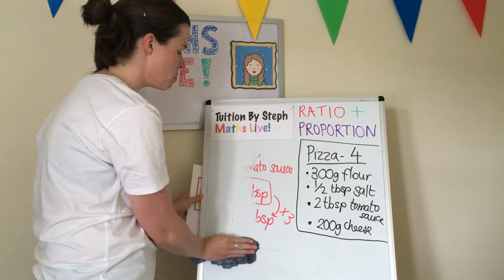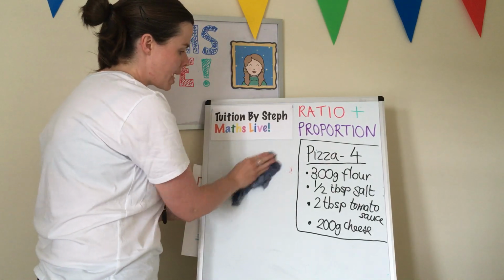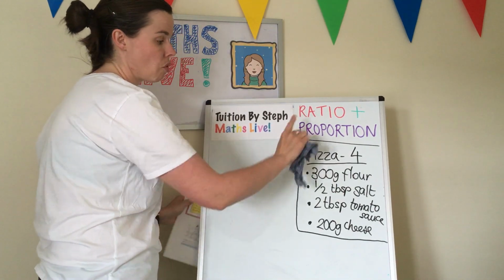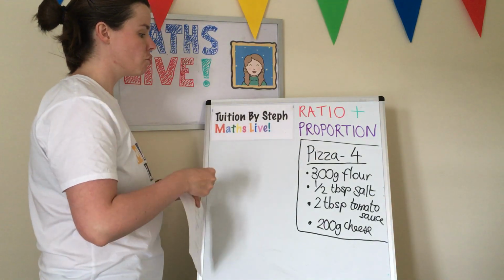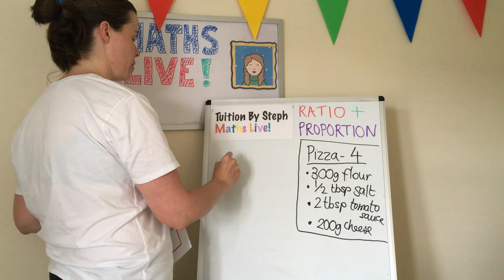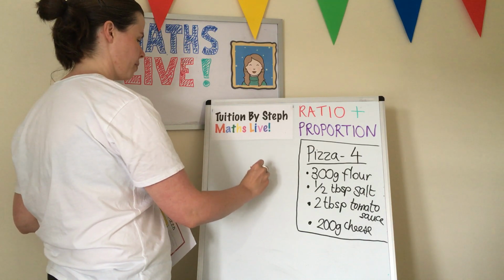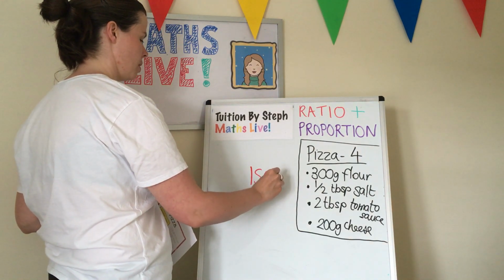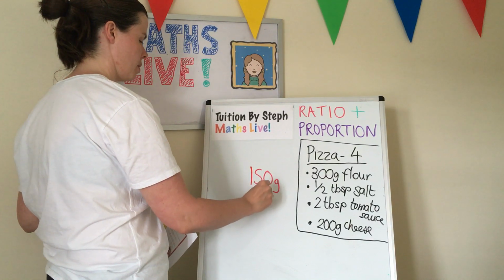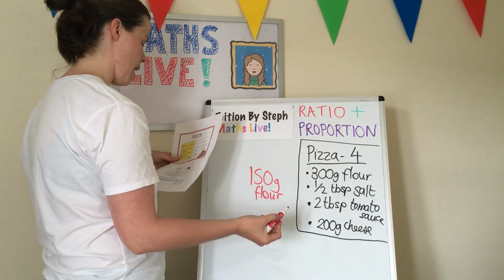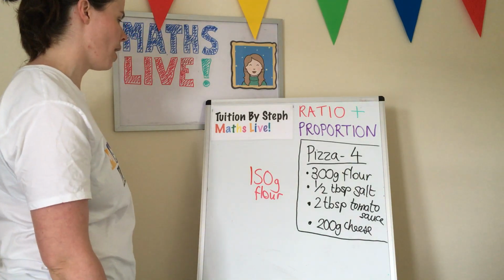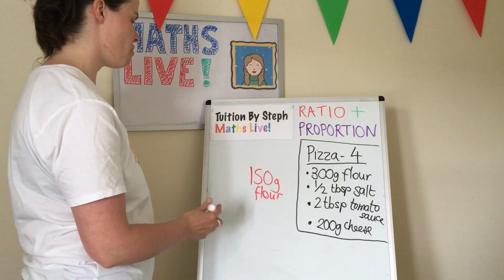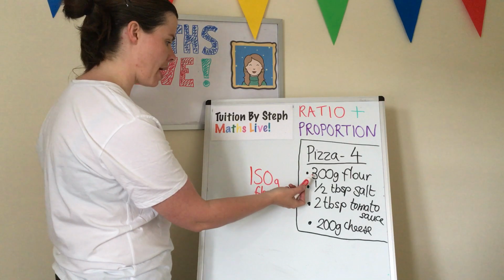See, all these problems can be made up and tested just from one piece of information. If 150 grams of flour is used, how much of the other ingredients would be needed? All right. So 150 grams of flour, let's compare it.